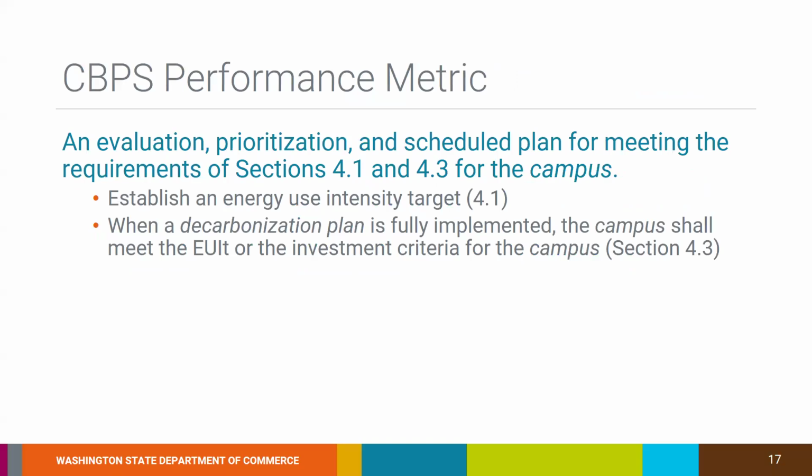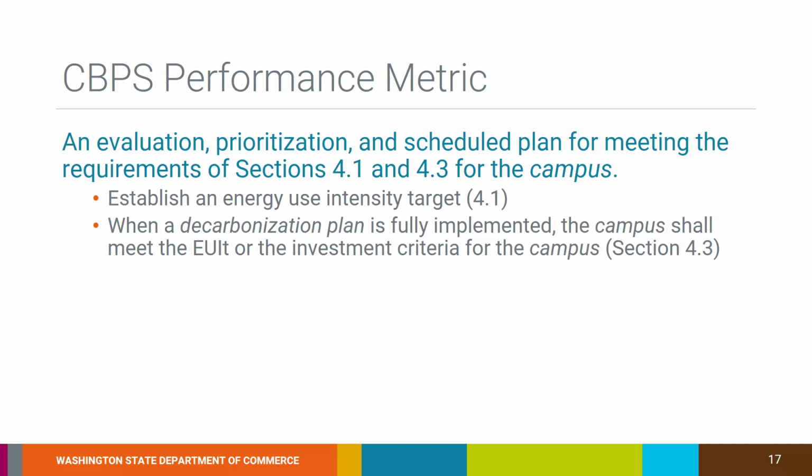Okay, so in addition to decarbonizing the heating plant and evaluating the other items that we've covered, you still need to meet the clean building performance standards performance metrics. That could either be the energy use intensity target at the campus level, or the investment criteria standard. We imagine that most folks are going to be pursuing compliance through the performance or energy use intensity target.